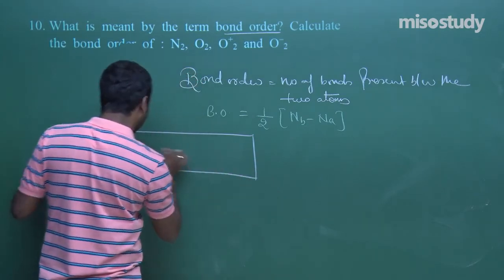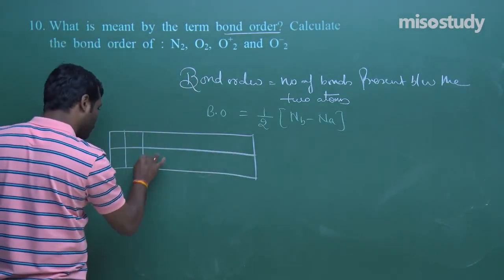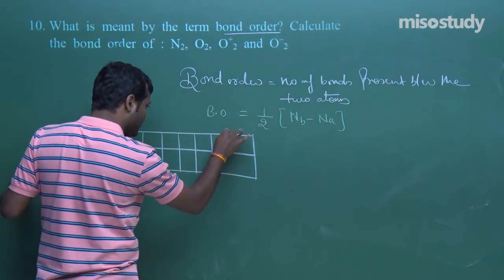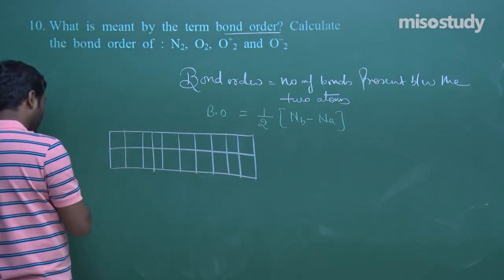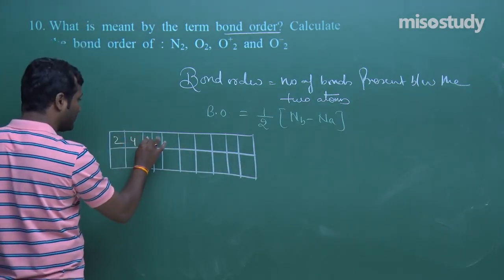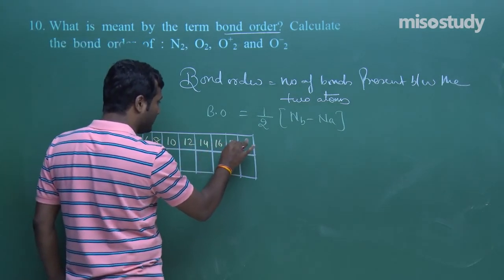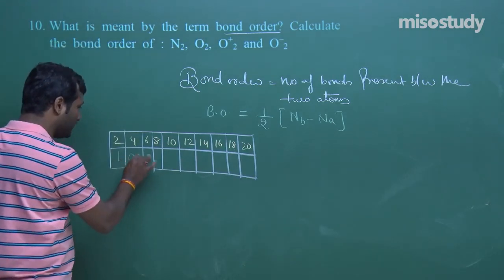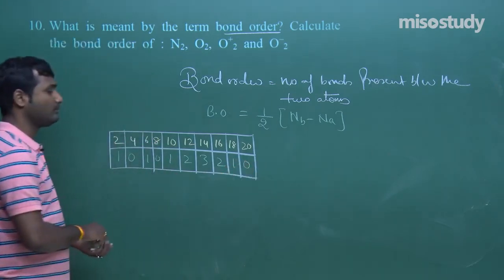Look at 1, 2, 3, 4, 5, 6, 7, 8. One more. Now write down 2, 4, 6, 8, 10, 12, 14, 16, 18, 20. Remember? Now put here 1, 0, 1, 0, 1, 2, 3, 2, 1, 0.